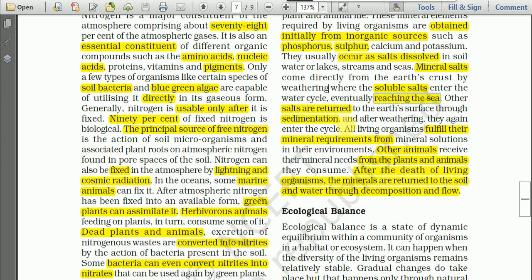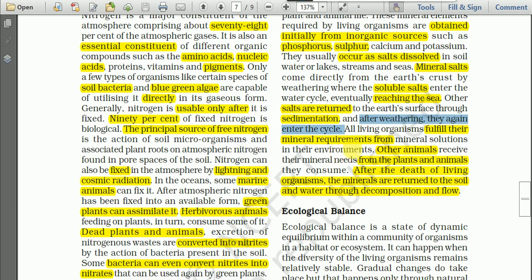And other salts are returned to the earth surface through sedimentation, means deposition. Then after weathering, they again will enter the cycle.